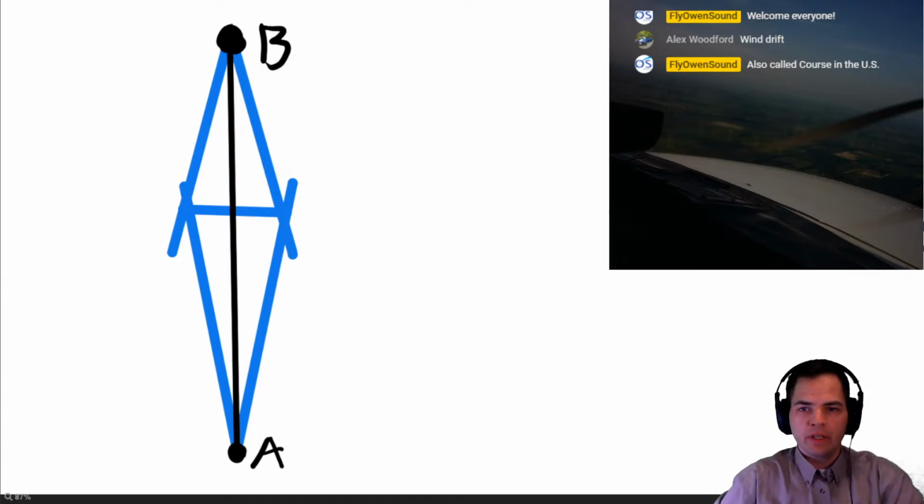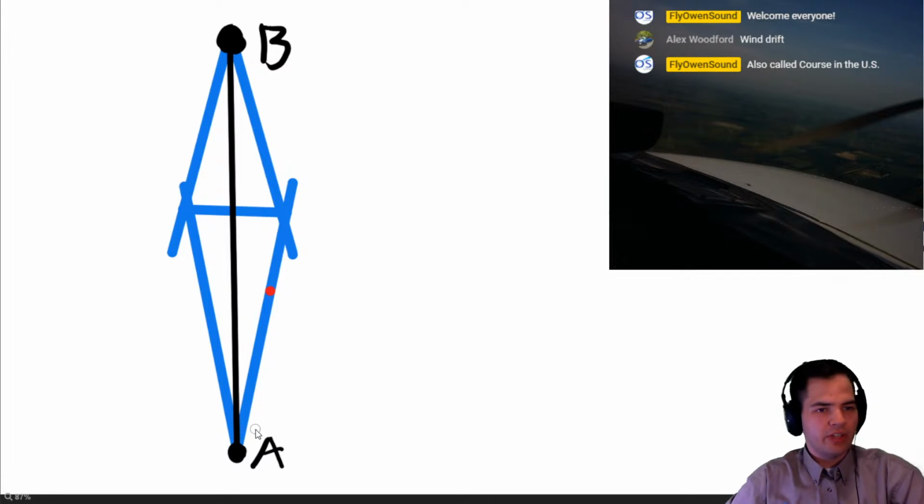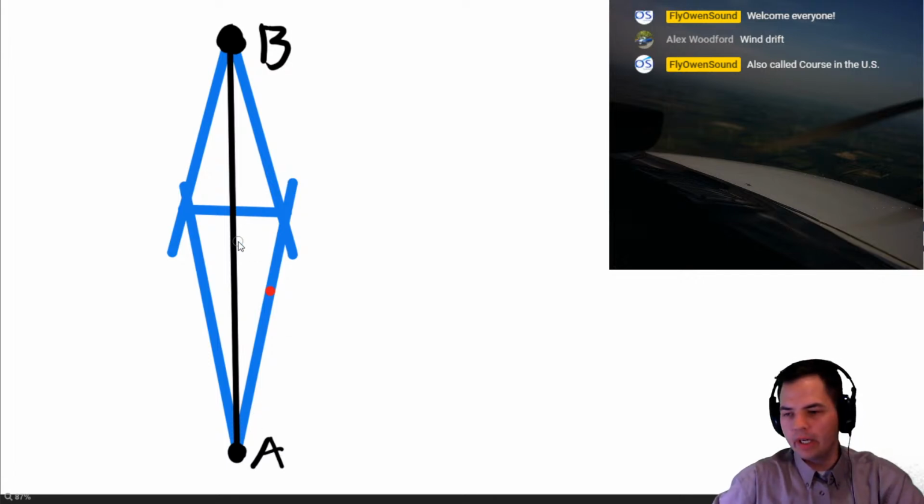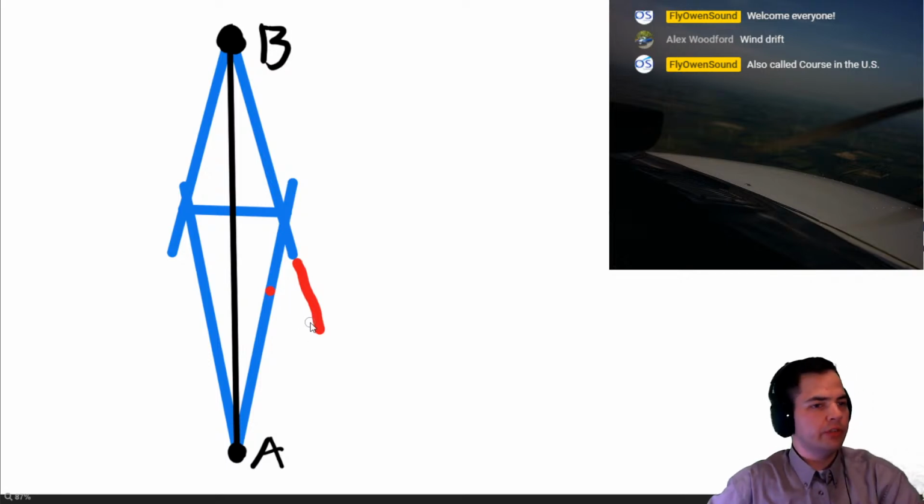If my airplane ends up right on the line right here, well, I know I'm at 10 degrees error, 10 degrees off of my desired track, so a 10-degree track error from point A. But it's not quite 10 degrees from point B, because look at where this 10-degree drift line comes off here. We're maybe 6 degrees track error from point B. So the closing angle is about 6 degrees, and the opening angle would be about 10 degrees.